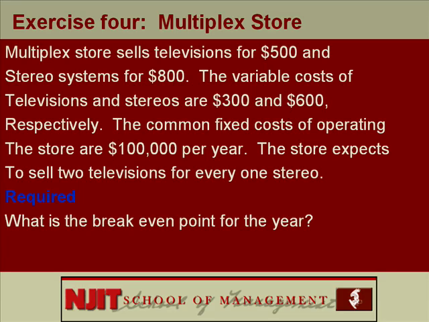It's up here in front of you. They make TVs and stereo systems, and the information is in front of you. What's the break-even point for the year? Do you want to try it before I give you the answer? If so, stop this recording and have a crack at it.